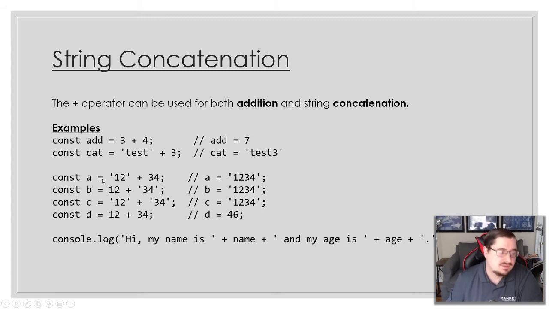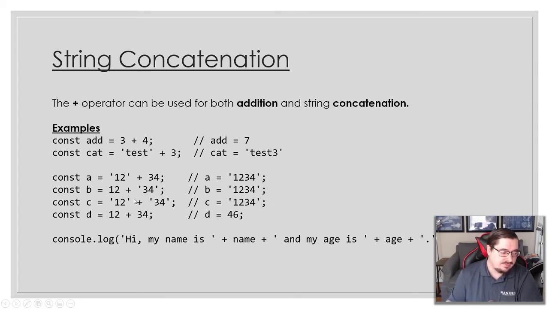So for instance, if I take the string 12 and then add 34, well, this is a string, right? So a string plus number gives me concatenation. So here I'll get 1, 2, 3, 4 as a string. Similarly, if I have number plus string, well, concatenation, so 1, 2, 3, 4. If I add two strings, I'll get 1, 2, 3, 4.